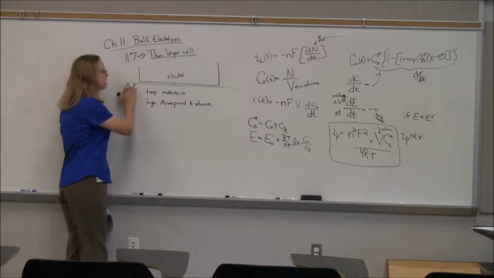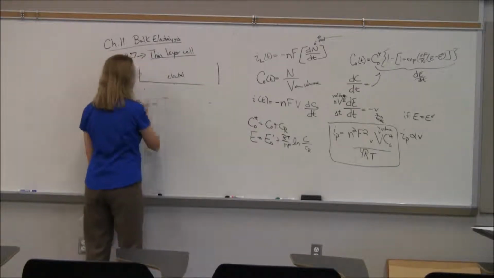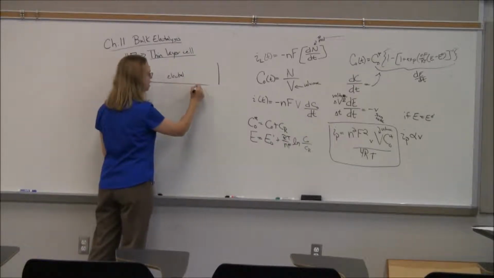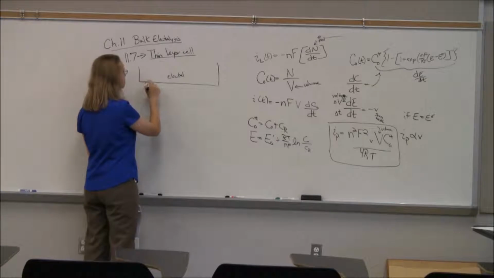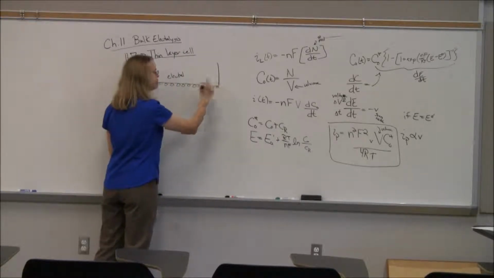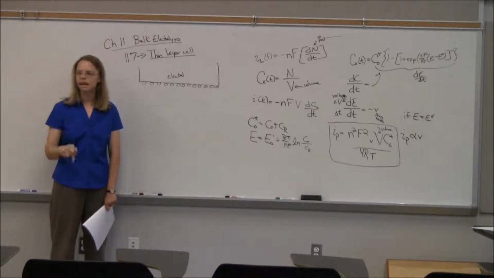So instead of thinking of a thin layer cell, where I trap all the molecules and they can't get away to the surface, now let's think about the ultimate trap. I trap them because they stick, right? And then you can think it's the same theory, right? They can't get away. So what's going to drive the concentration change?